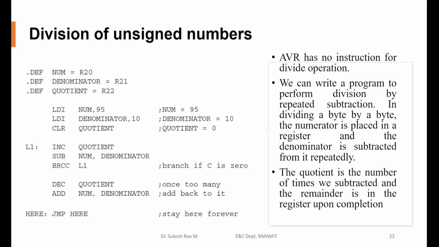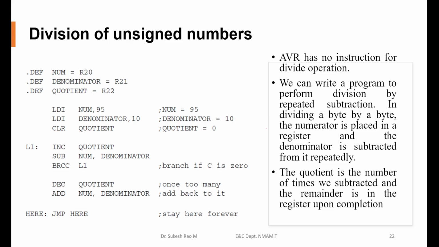If we have a closer look at this, this is the way of defining some of the assembly directives. If you want to put terminologies like num, denominator or quotient instead of registers in the instruction, you can define them. For definition we use hash define in C, and there is a similar way of declaration here.